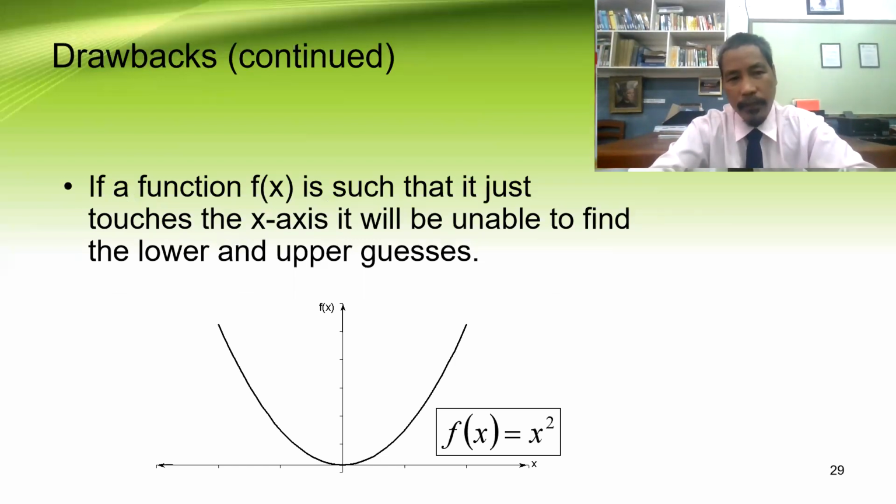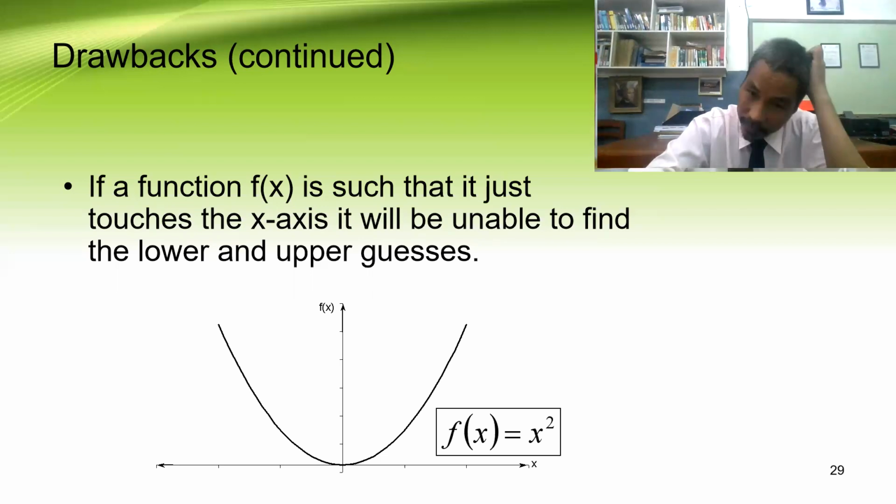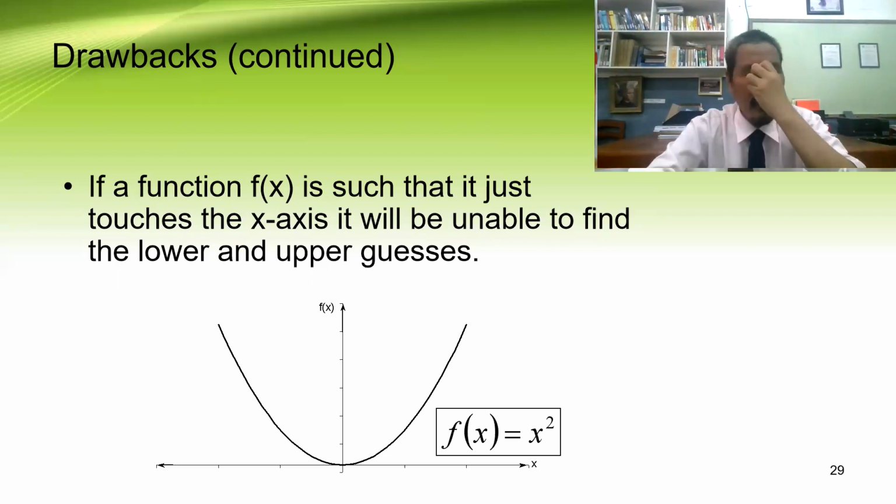Another drawback: if a function is such that it just touches the x-axis, it will be unable to find the root. You cannot have upper and lower guesses because all of the values of the function are positive. You cannot have a positive evaluation of the function and a negative evaluation of the function.